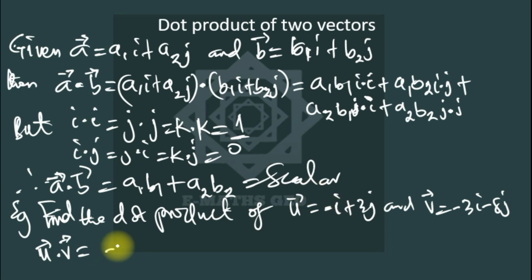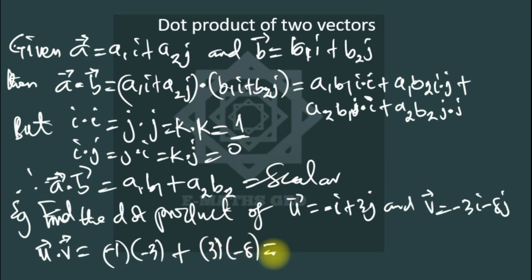Minus 1. So I have minus 1 times minus 3 plus 3 times minus 8. So the answer is 3 minus 24, minus 21. So that gives us a scalar. So the dot product of two vectors must give us a scalar.